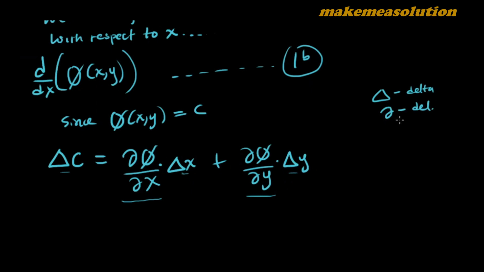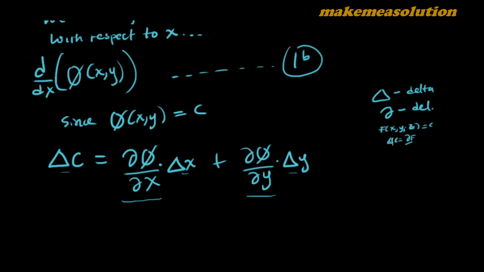Now, when you have a multivariable function, whenever a change occurs in that function, you always discover that the change that occurs in the function, delta c, will be the partial derivative of the function with respect to, let me assume I have an f of x comma y comma z, and I want to find the change in that function.